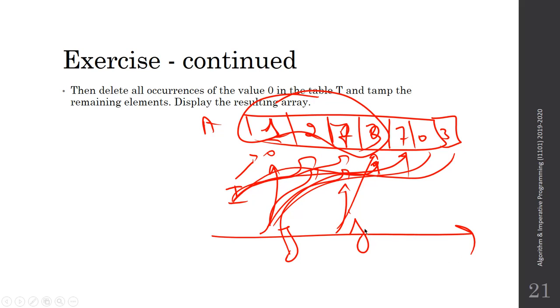So we will use another counter called j, which points towards a cell that is not equal to 0. So we will loop: j starts from 0 and i starts from 0, i less than n, the normal traversal, i plus plus.